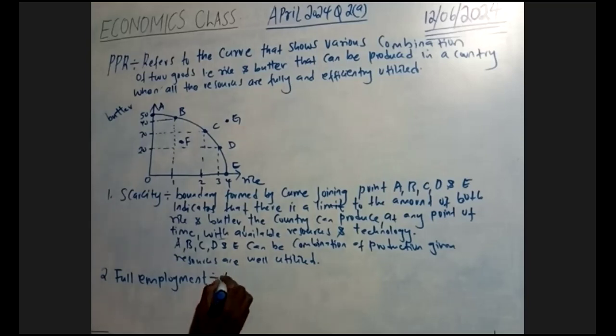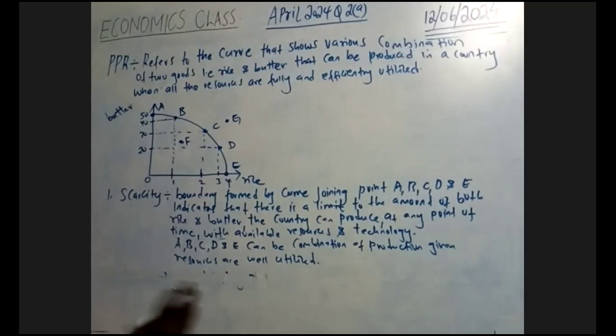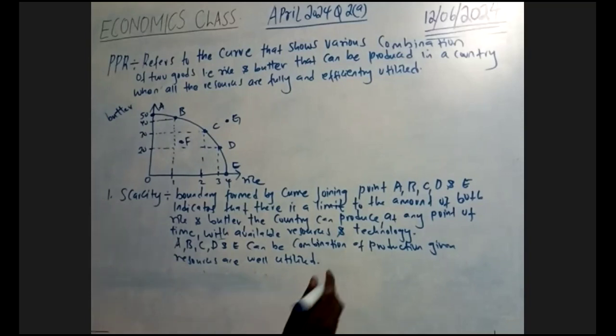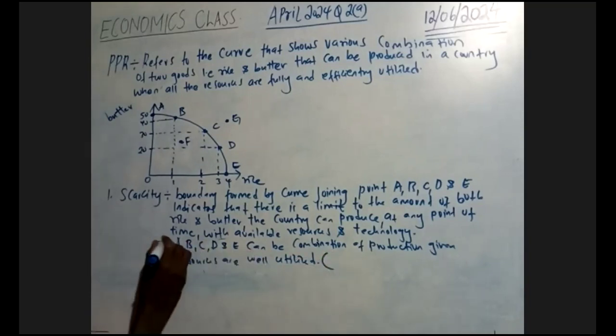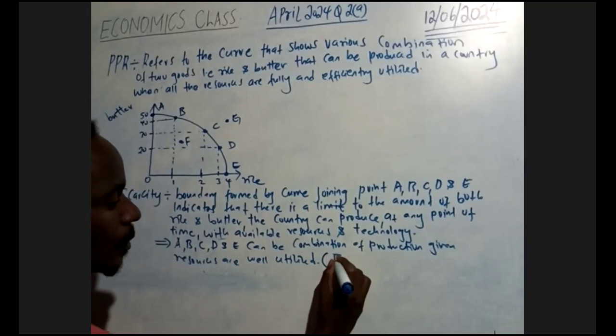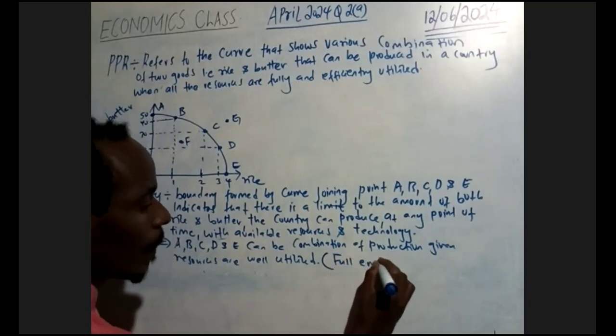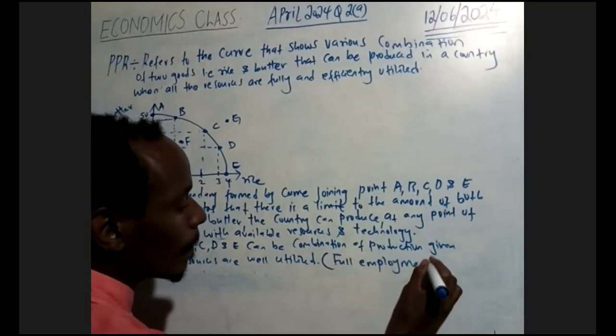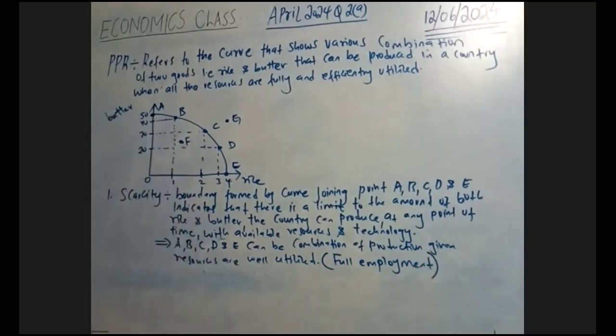So A, B, C, D, and E can be the combination of production given the amount of resources.